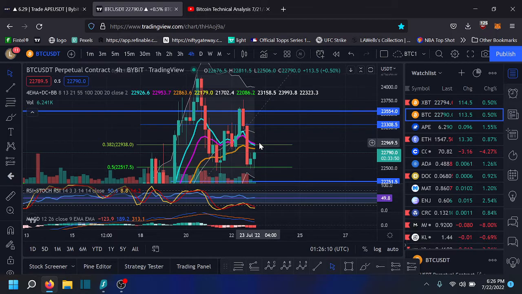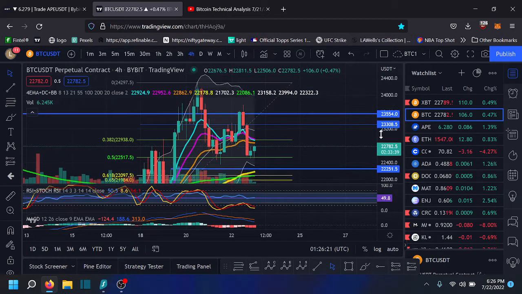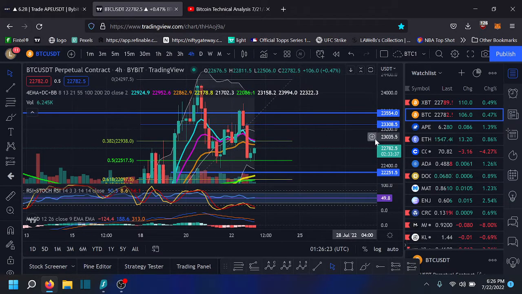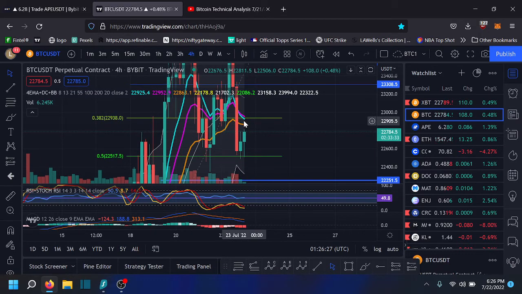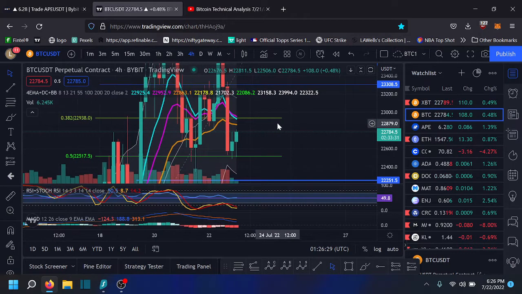We might wick at 23,200 and then hopefully stay above the 8 exponential moving average to re-show that we're going to keep going higher. If we close below the blue one, the 8 exponential moving average, this is absolutely short term, within the next 12 hours or shorter, maybe 24 at the longest.